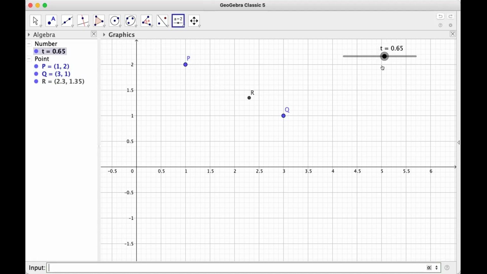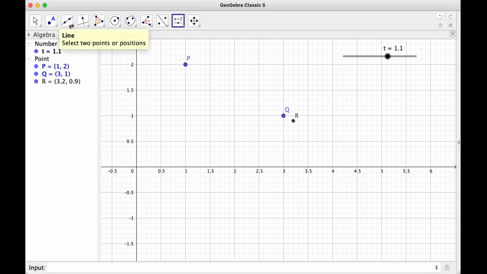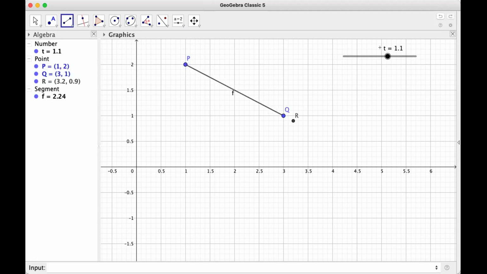But they are always on the line that connects the points. If you draw the line segment between the points, you will see that R always moves on it, as long as t is between 0 and 1. If you allow larger values, you continue on the line. We only need the line segment, not the entire line, which is why I restrict t to be between 0 and 1.